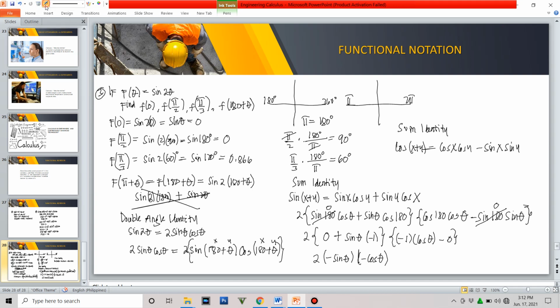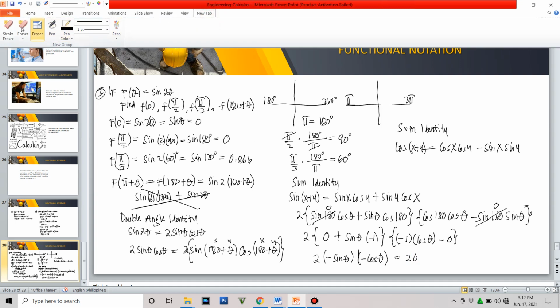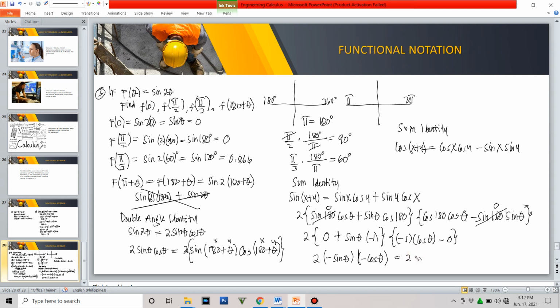So it will yield positive because negative times negative is positive. So finally, we have 2 sine theta cosine theta. If you notice, this is 2 sine theta cosine theta. This is sine 2 theta. So it goes back to that. This is equal to sine 2 theta.